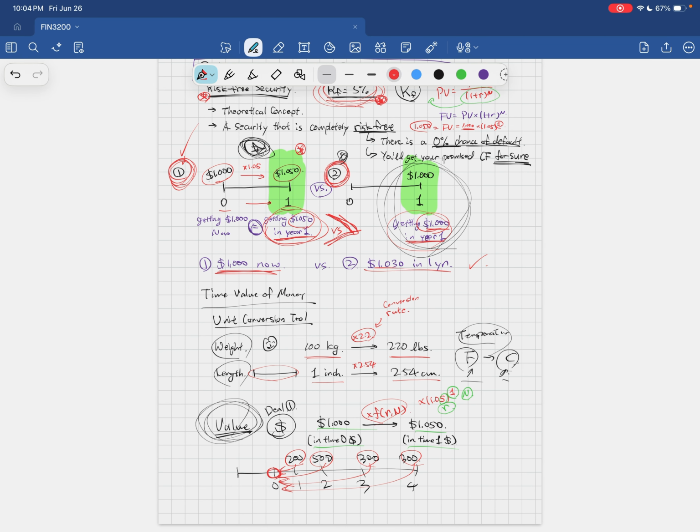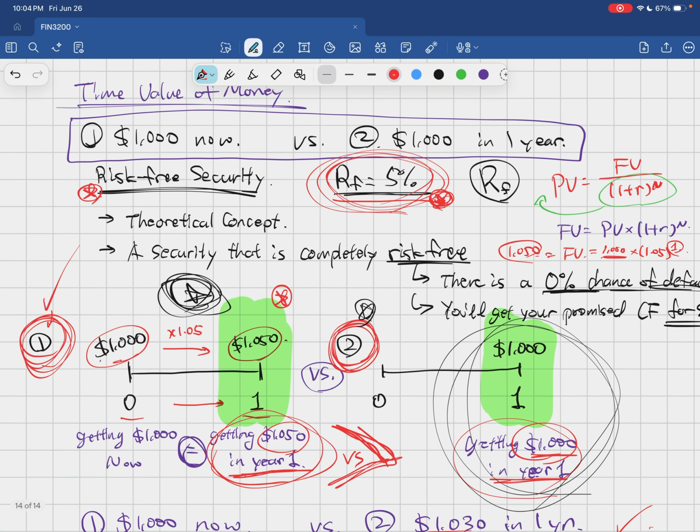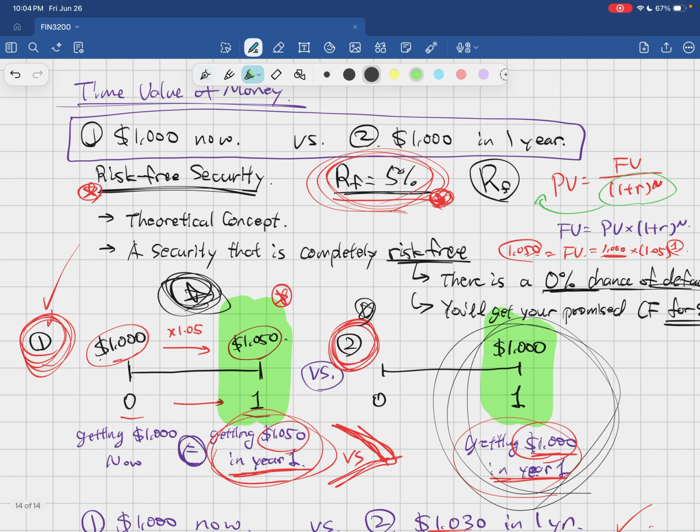Oh yeah, and before we move on, one more thing. We talked about this concept called the risk-free security. I said it's a theoretical concept, a security that's completely risk-free.